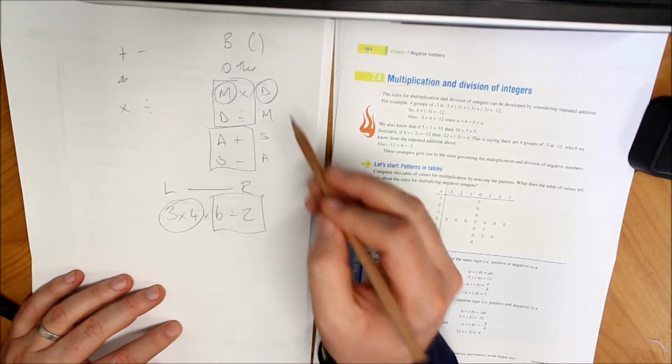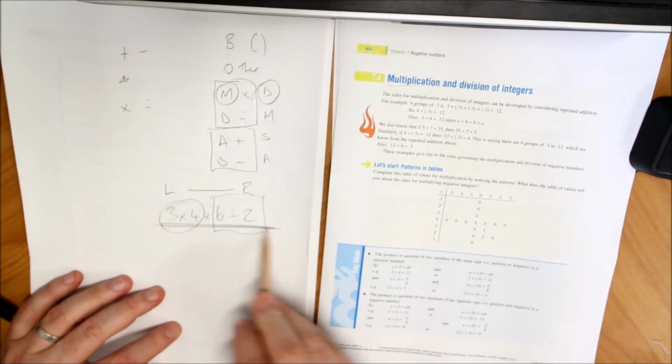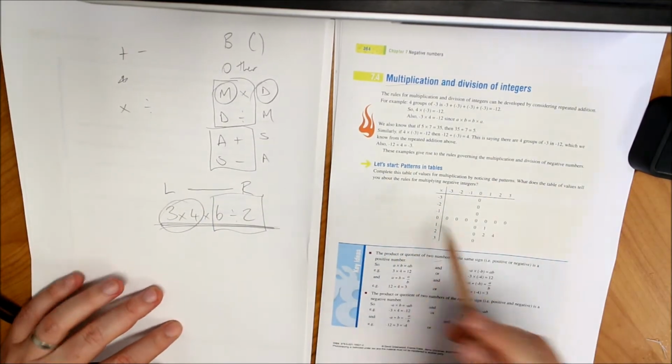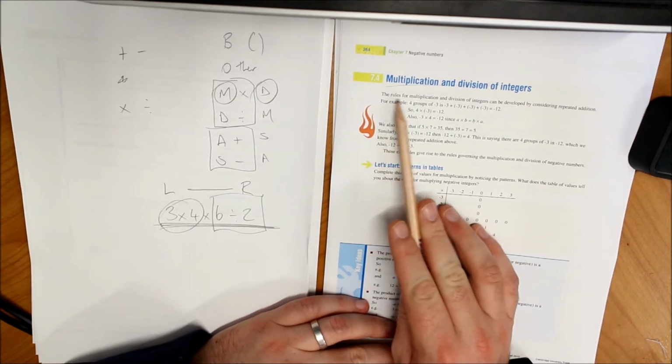So remember, these two can be changed, and when your sum only has those left in it, then we work from left to right.